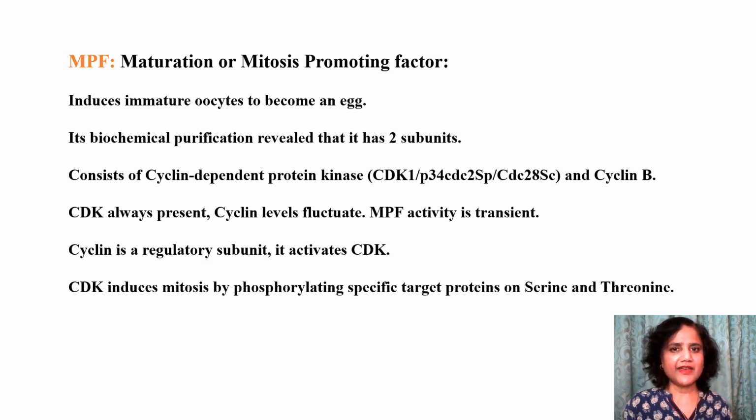Recall that MPF is a factor that induces immature oocytes to become an egg. Its biochemical purification revealed that it had two subunits. It consists of a cyclin-dependent kinase, CDK1, which is equivalent to p34 CDC2 in fission yeast and CDC28 in budding yeast, and cyclin B. CDK was always present while the cyclin levels fluctuate, and therefore the MPF level or activity is transient.